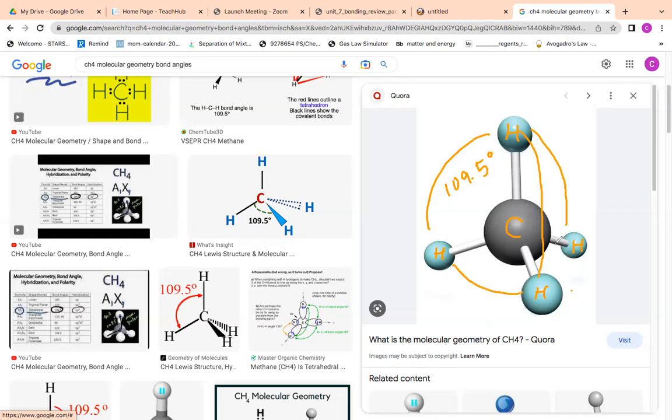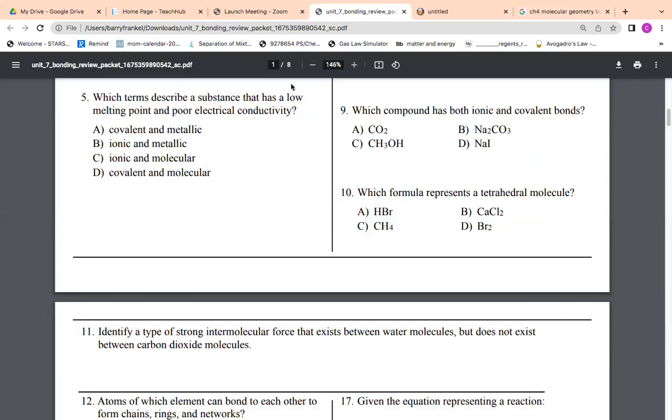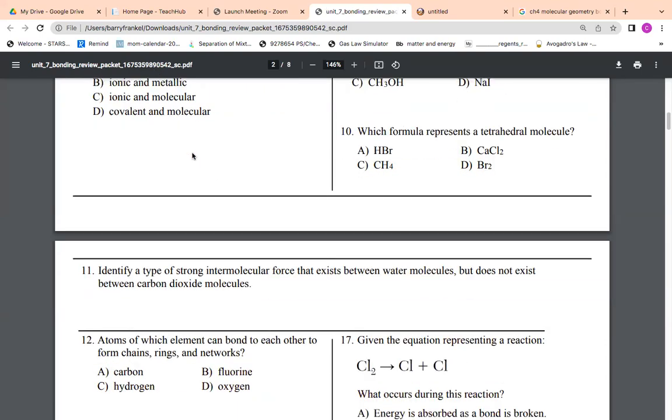All of the angles are exactly the same. So this whole molecule has an even charge distribution and it has symmetry, which is what makes this whole thing overall nonpolar. But just know, because we didn't really get too much into the names of the shapes, that methane specifically has a tetrahedral shape. Okay, so we would want to go with, again, choice C for number 10.